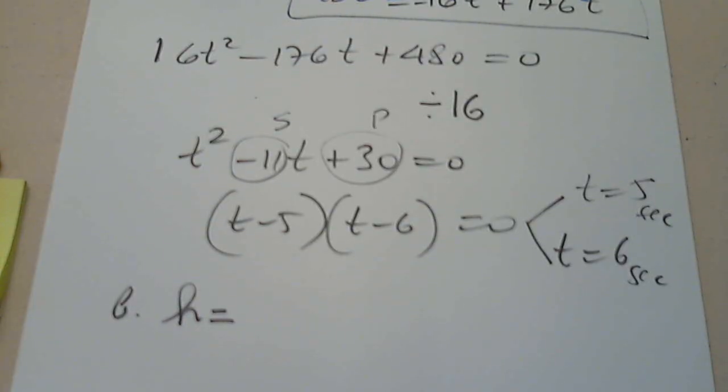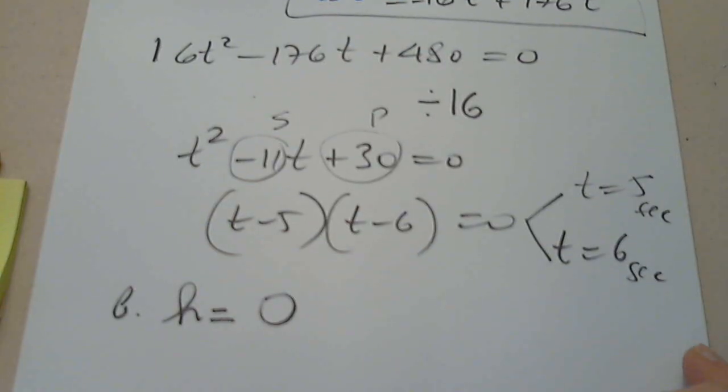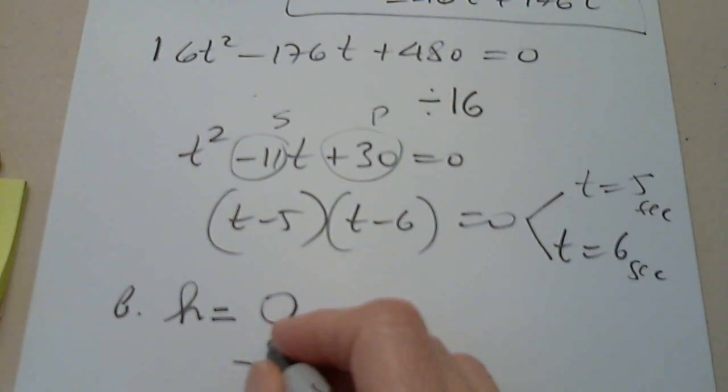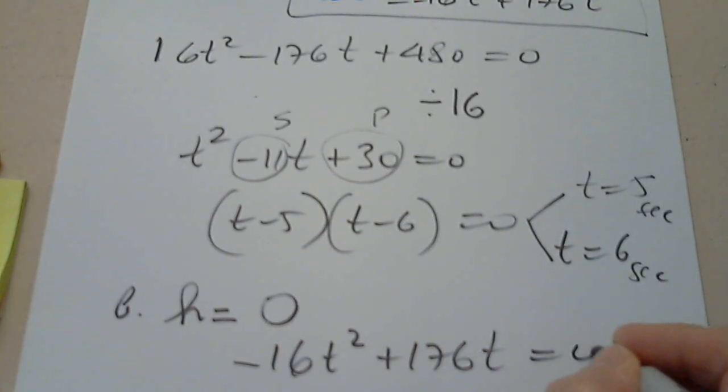Not 480. When we hit the ground, the height is 0. Unfortunately, gravity is cruel. So negative 16t squared plus 176t equals 0.